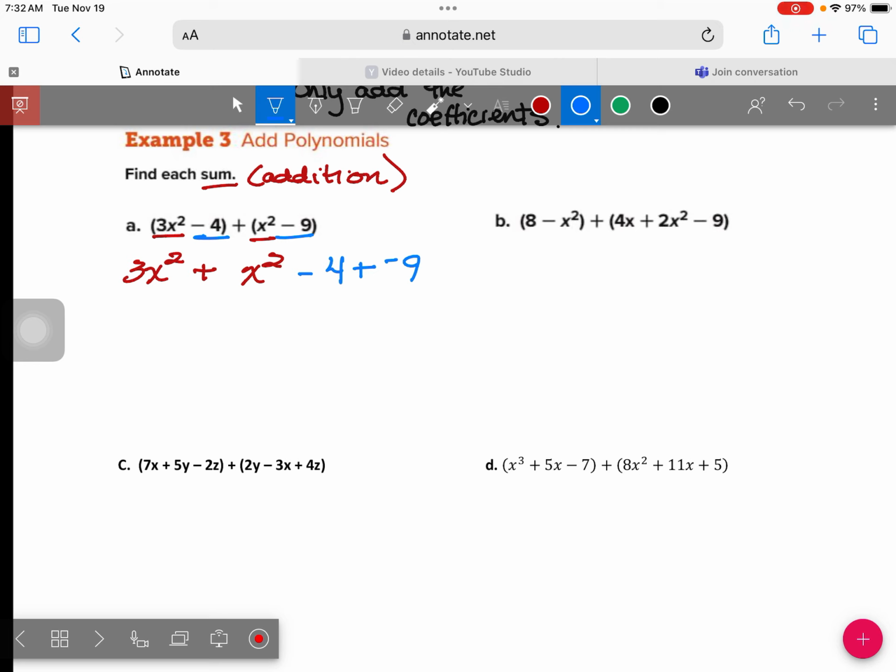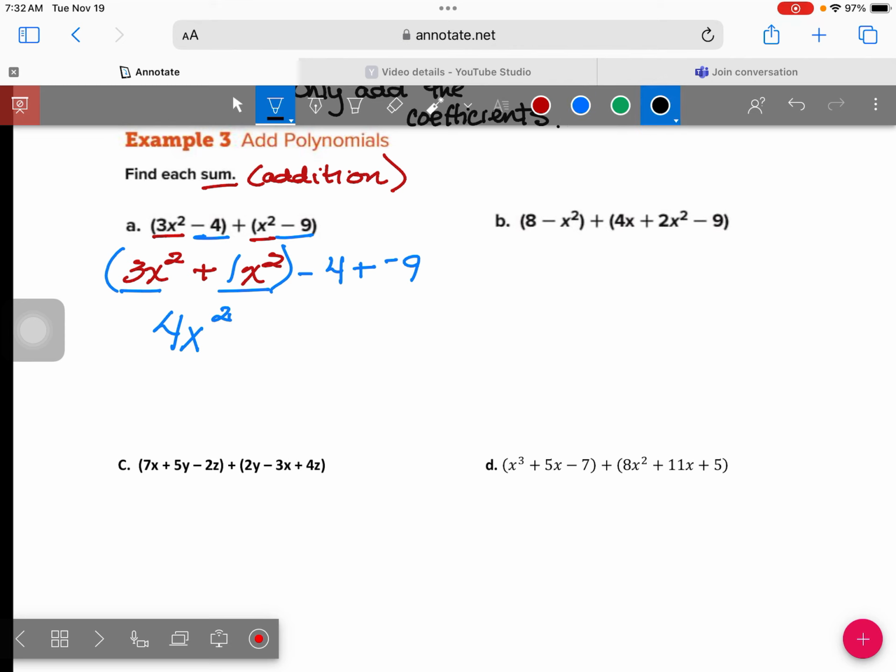So this is doing it horizontally. Now, what is the coefficient in front of this x squared? 1. Yes, so I'm going to put 1 there. So these are being grouped together. 3x squared plus 1x squared, add the coefficients, gives you 4x squared.